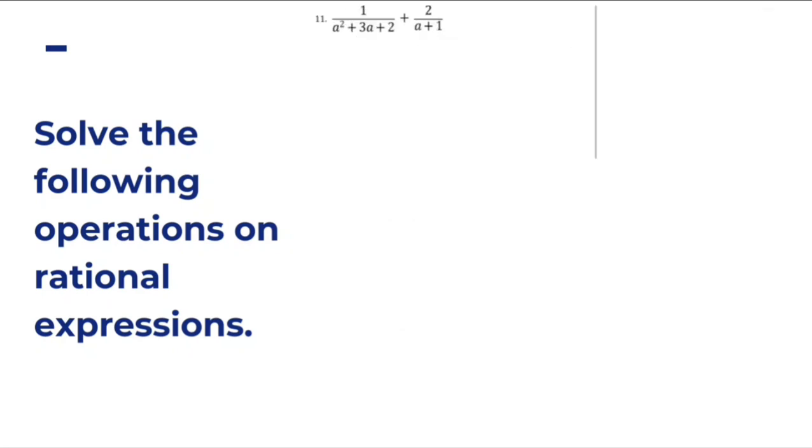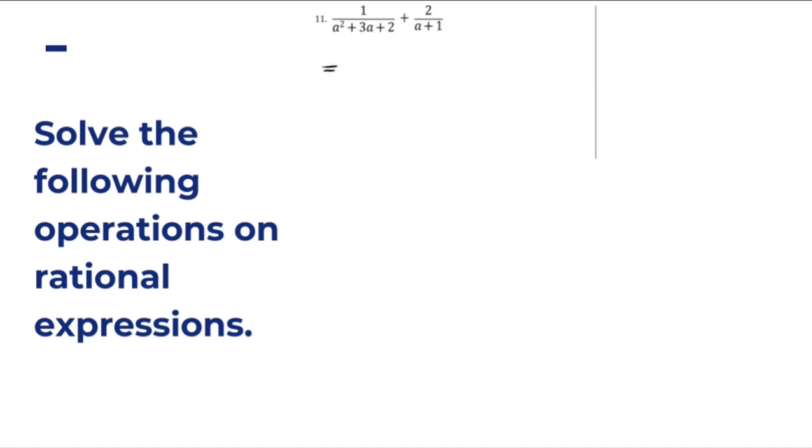Another example is 1 over a squared plus 3a plus 2 plus 2 over a plus 1. Again, in this case, we have different denominators, so we'll have to find the LCD by factoring our denominators.